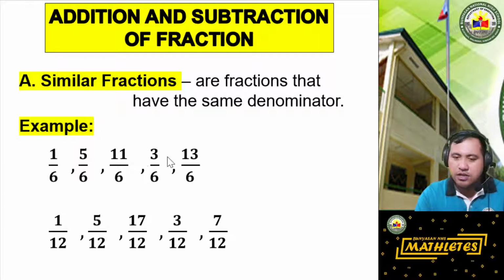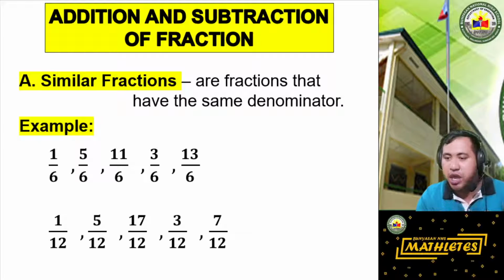As you can see, the denominator of each fraction is the same. Even though the numerators are different, as long as the denominator is the same, this is what we call similar fractions.